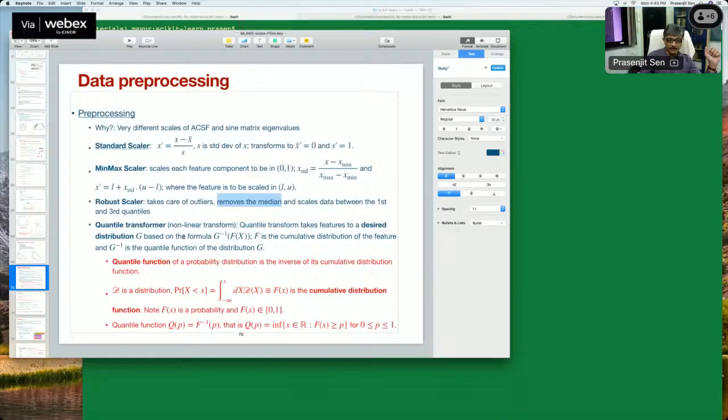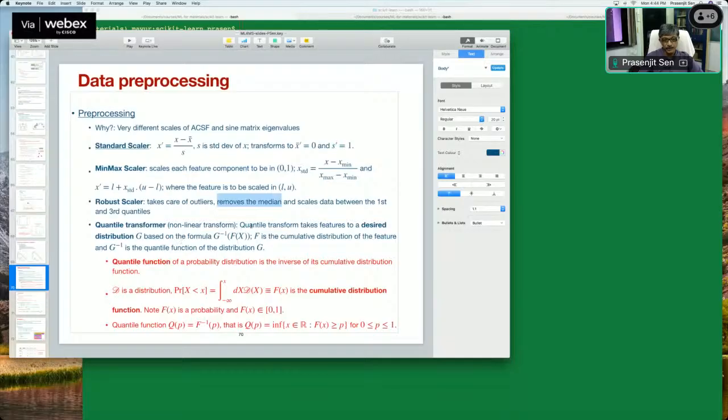And the other slightly more sophisticated way of taking care of outliers or transforming your data to any intended distribution is what is called the quantile transformer. So one often convenient transformation is that you take a feature and transform it to a Gaussian distribution with, say, mean 0.